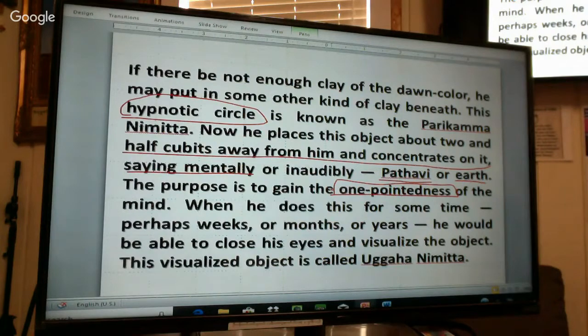Lohita, red. Only 4 colors we can practice meditation with. The other colors, no. No black color. The Buddha didn't mention the black color to practice meditation. Yeah, color meditation, with color is only 4.